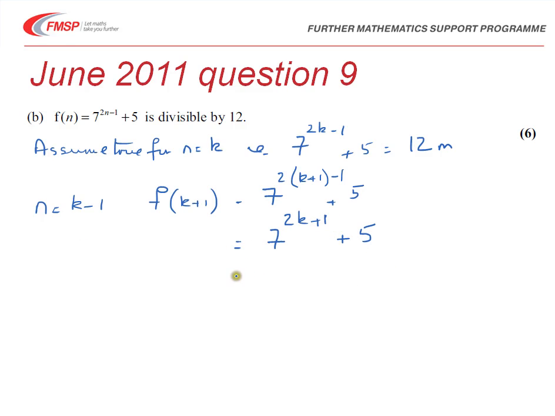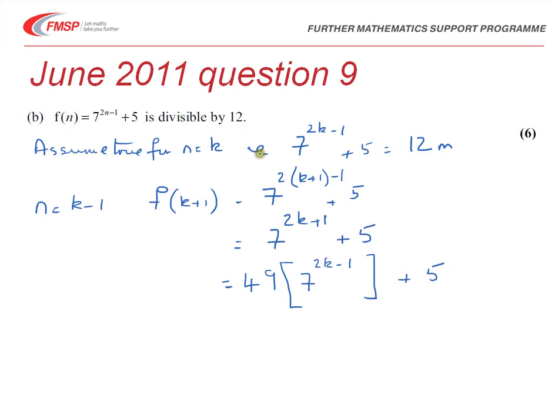Now if I factor out of here the power of 2, that is 49 this time, that's 49 multiplied by 7 to the power 2k minus 1 plus 5.